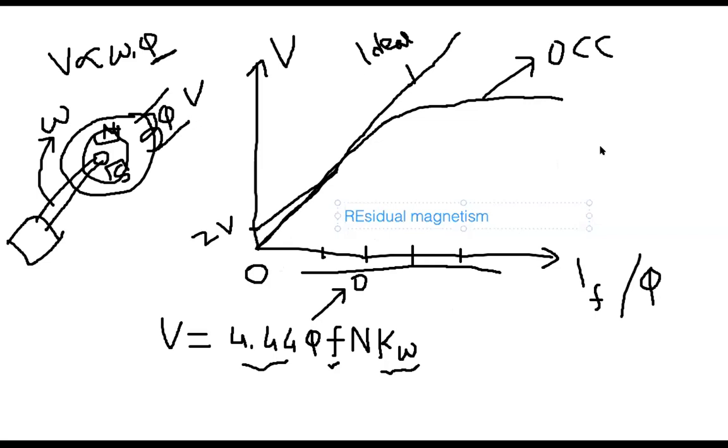Everybody, could you follow me? What I'm saying is that the curve might start from some voltage value, and that is due to residual magnetism. Even though you are not exciting the field, there is already some little flux that may cause some voltage at the starting.